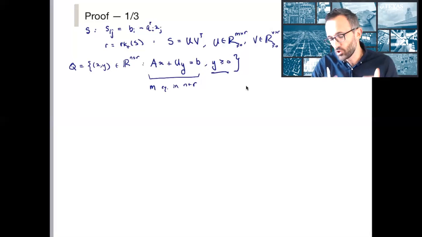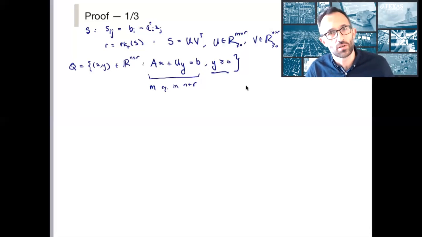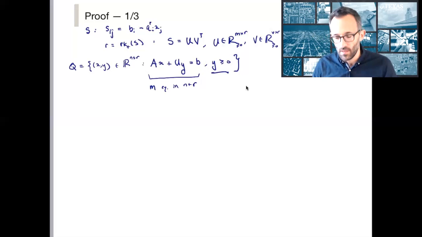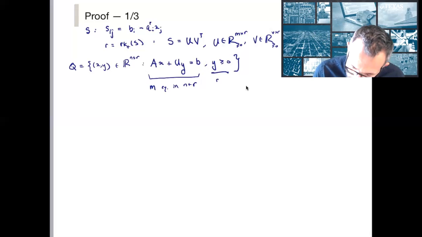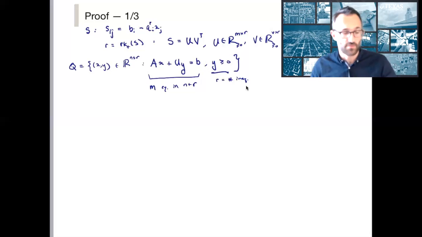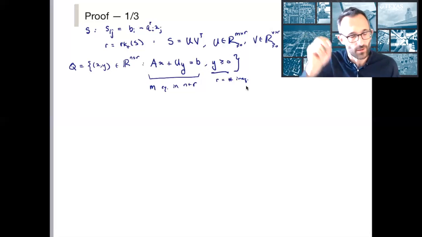We could use that to produce another Q that doesn't have all of these exponentially many equalities, that again gives a projection onto P. Okay, so that's the key point here: if we can show that the projection of Q is equal to P, then we've succeeded in showing that the extension complexity of P is no more than R, which is the number of inequalities, because y is a vector in R^r.